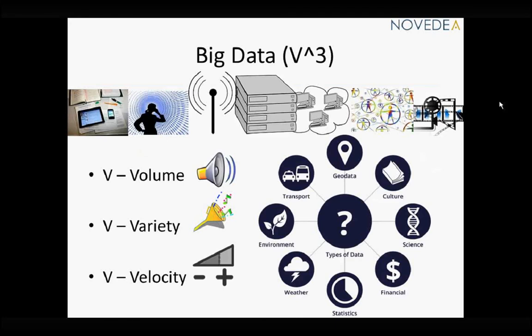And environment. If you look at weather and environment, you see the weather data. You depend on weather data on a daily basis. If you have a mobile, you have a weather app, you are getting that data. Weather is constantly monitored across the world and simulated on a day-to-day basis.